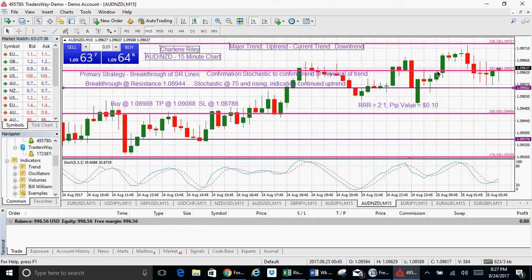We have the break above the 1.09627 line, but for confirmation, I want to see the stochastic at 50 and rising before I would enter into a buy. To enter into a sell, I'd need a break below the 1.09627 and the stochastic below 50.